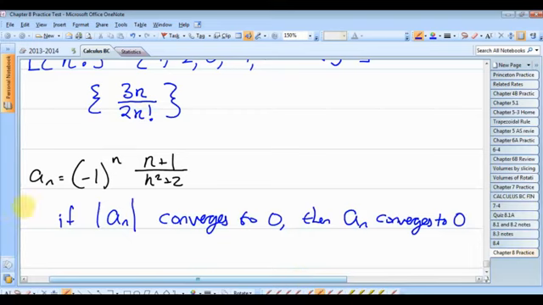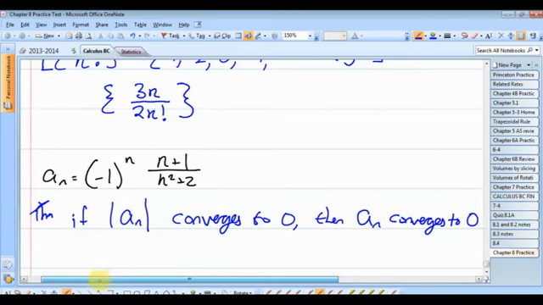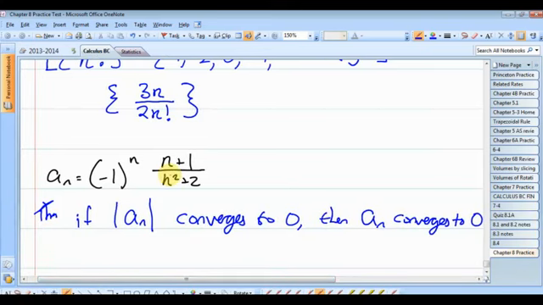That was that theorem. We used it when we talk about series that alternate, like this one does.